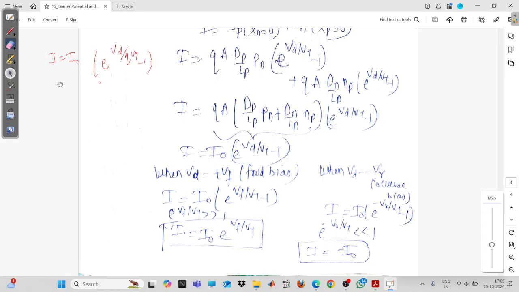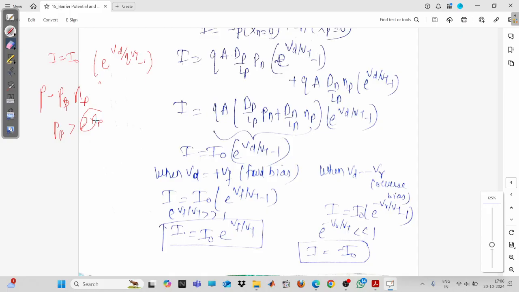Basically, in the p-type semiconductor you will have holes and electrons. The number of holes is very high compared to the electrons on the p side, because we have added boron atoms, and a boron atom comes with a vacant space, or hole. Suppose you add 10 lakh boron atoms, then you will have holes in the majority.